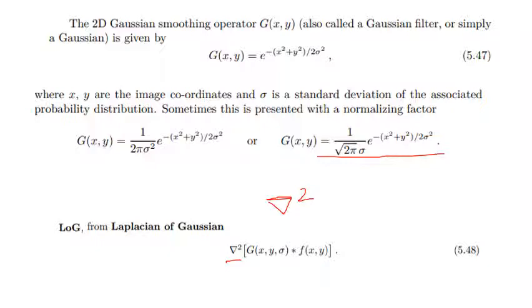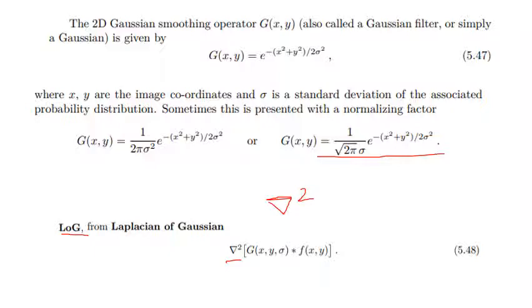After understanding the Gaussian, why did we do Gaussian? First we do the smoothing or low pass filtering, then we can apply the Laplacian operation to find the second derivative. As simple as that. We find the Gaussian and then we find the Laplacian. So we are finding the Laplacian of a Gaussian, or we can call it LoG.